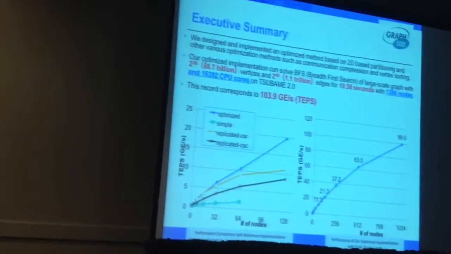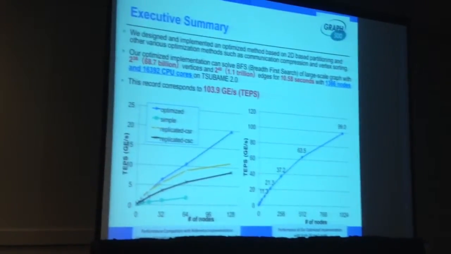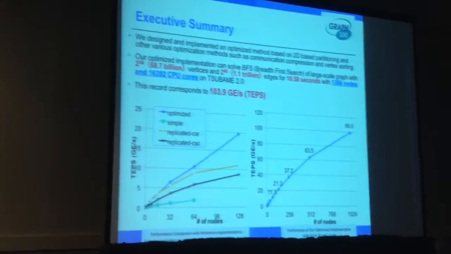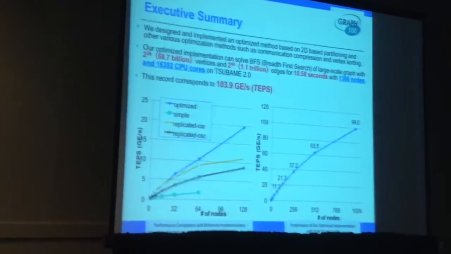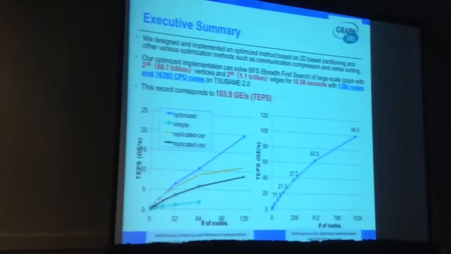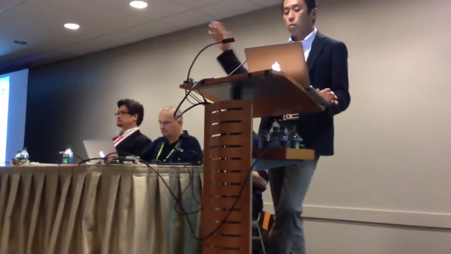On the left side is a comparison of our optimization against the simple, replicated CSR and replicated CSC implementations provided by Graph500. Since we have 1,000 nodes, it should be scalable, and our optimized implementation shows linear scalability as shown in this slide.